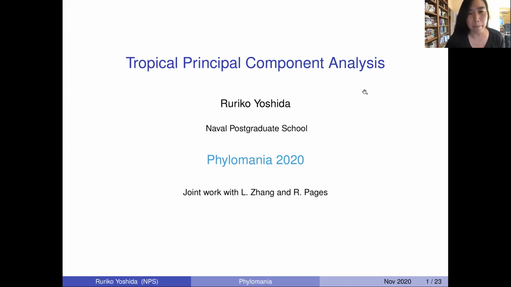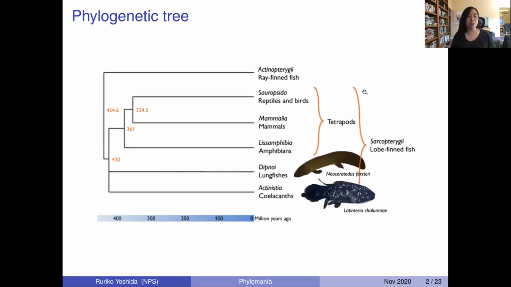So here we go. Of course, everyone knows phylogenetic trees, so I'm not going to talk about the details, but this picture, this data set, motivated me to think about PCA over the tree space. This is the data set relating to African coelacanths and lungfish.